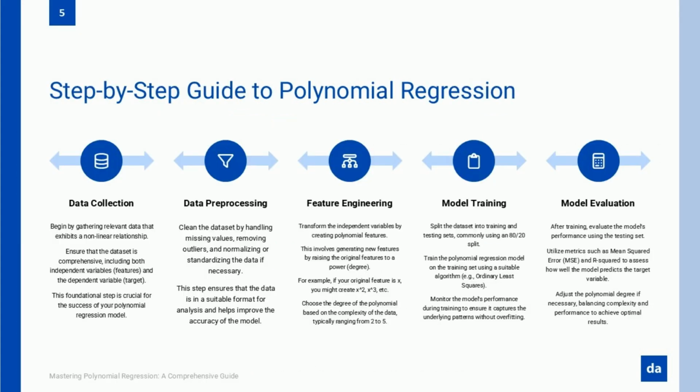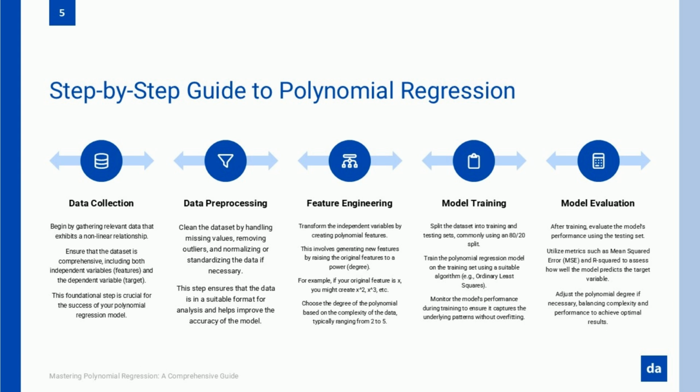Building a polynomial regression model requires several key steps to ensure accuracy and reliability. From gathering data to training the model and evaluating its performance, each step plays a crucial role in creating a predictive model that balances complexity and generalization.